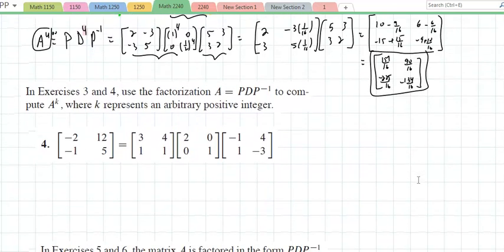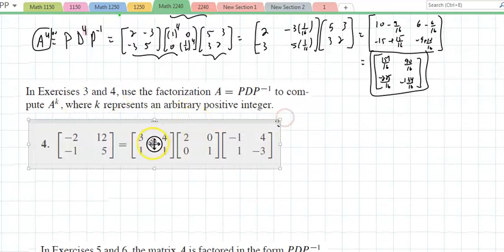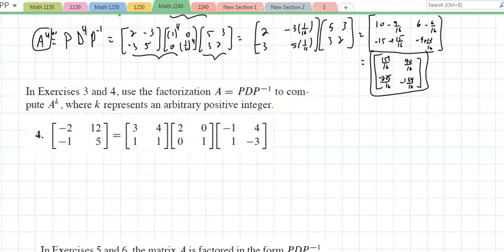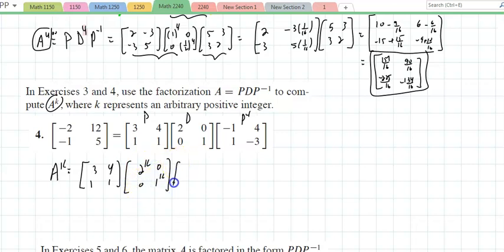Now, here's another problem. They say, why don't you find us a formula for A to the k power? Well, this is P, this is D, and this is the inverse of P. So if I want to find a formula for the kth power, and notice how this plays, if I take A to the k, that would be P times 2 to the k, 0, 0, 1 to the k, and negative 1, 4, 1, negative 3.